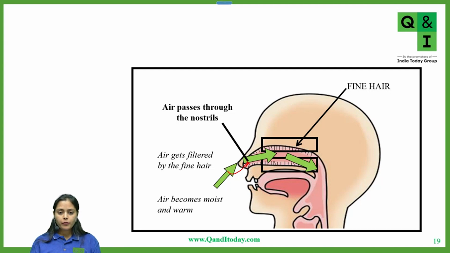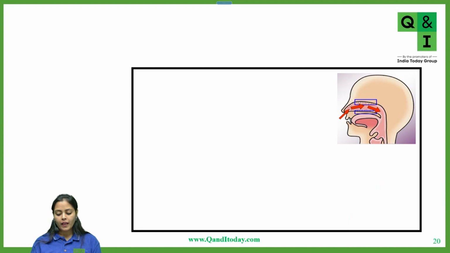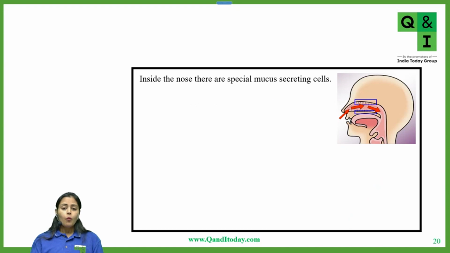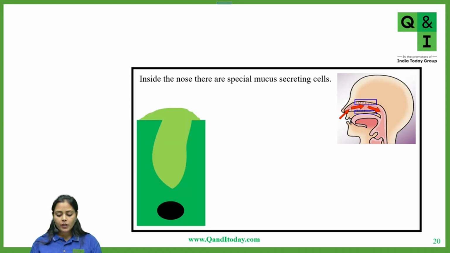Now, what exactly do you mean by filtering of air? Apart from filtering, the air also becomes moist and warm. Okay, and what exactly do you mean by filtering? Filtering basically refers to trapping of certain dust particles or other unwanted particles which might enter inside your nose along with the air. Okay. Now inside the nose, you also have special mucus secreting cells.